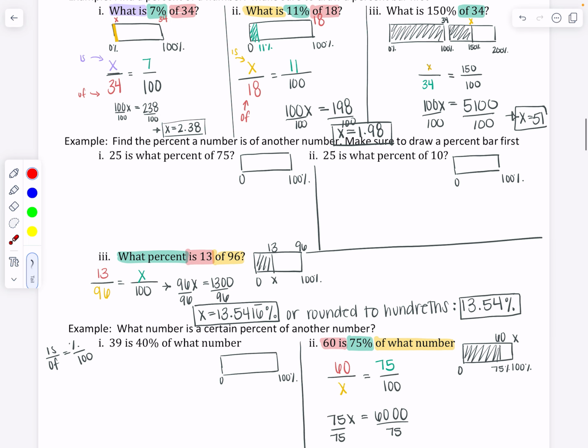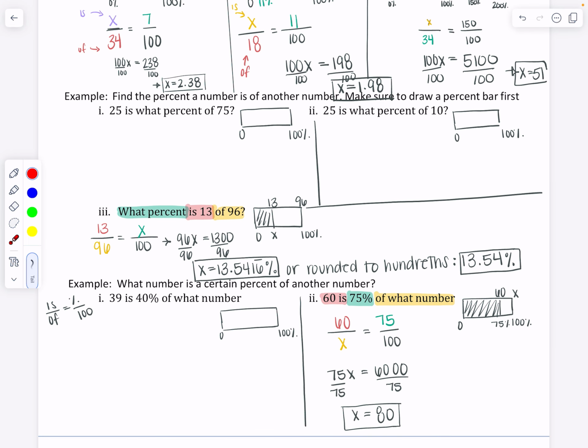All right, let's look at a similar problem, but now asking for what percent. The first one says 25 is what percent of 75? I don't know the percent. I'm looking for that. So this one, the percent bar is hard because I don't necessarily know where this is going to fall. I'm looking for X percent. But that X percent is going to correspond with 25 as the part and 75 as the whole.